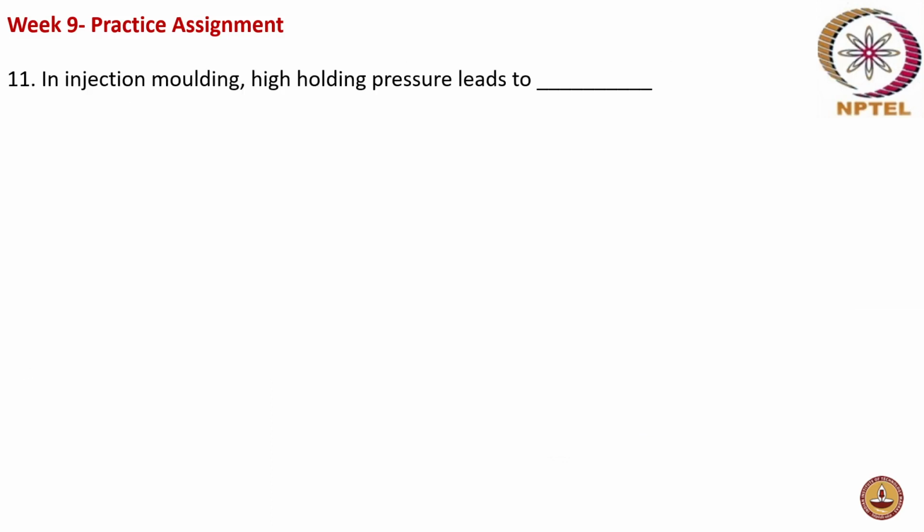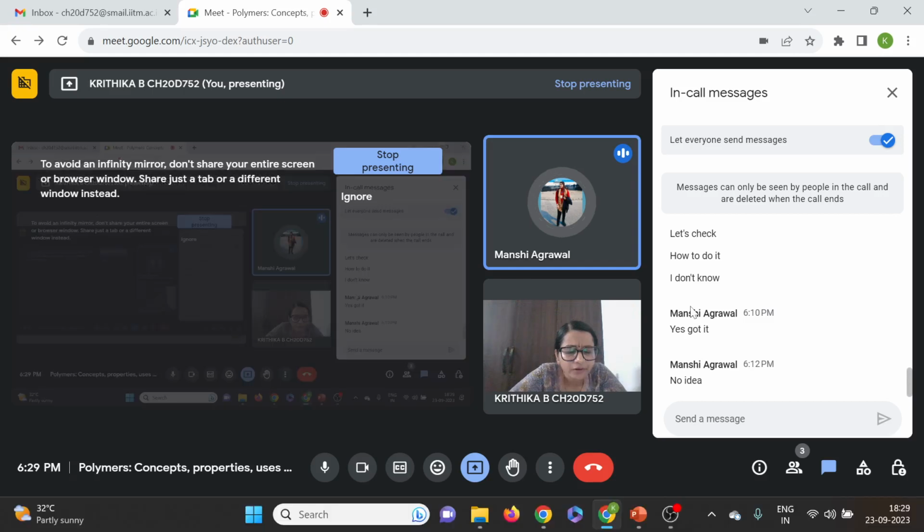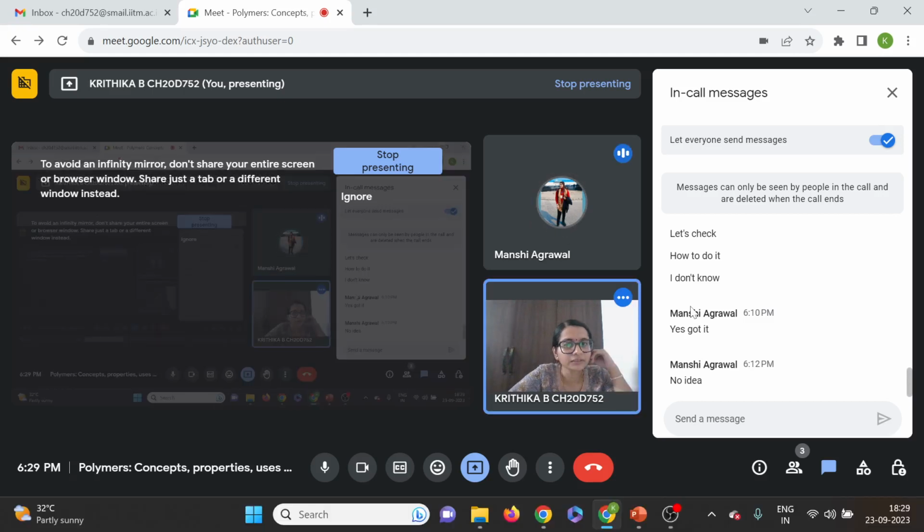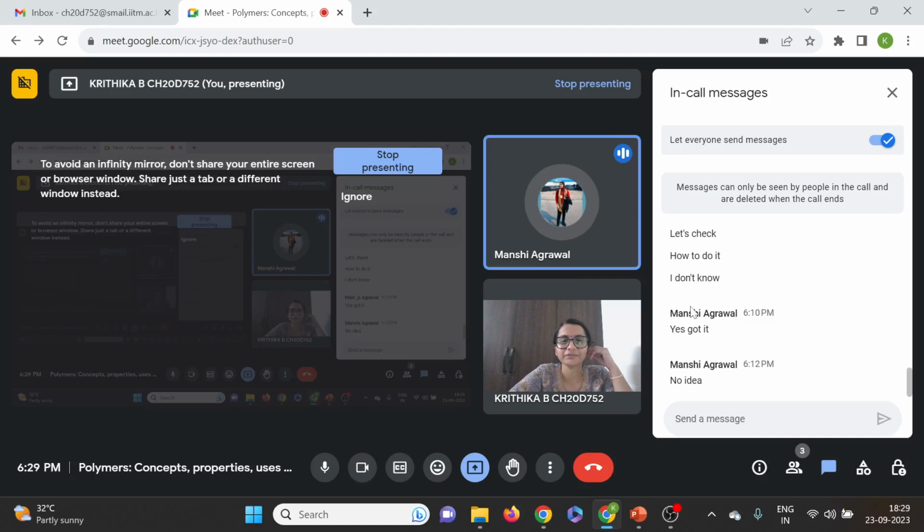Next, in injection molding, if the holding pressure is very high, what does it lead to? Backflow. Nozzle block, due to which the material will flow back.